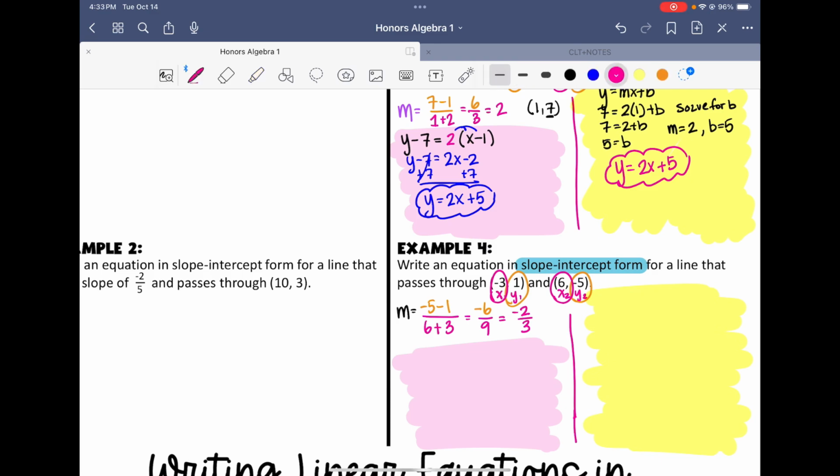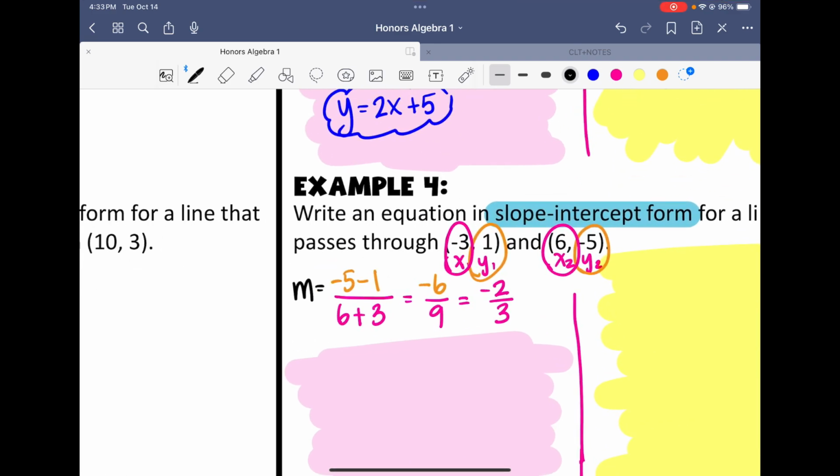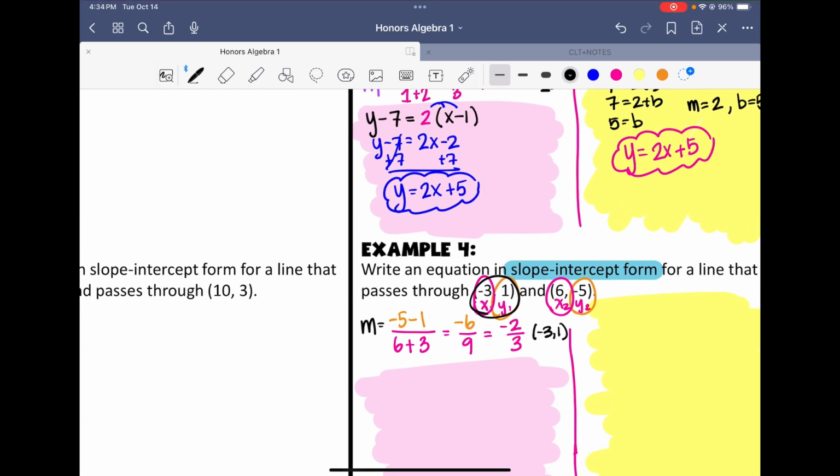All right, let's see how we did. So I know the slope is negative 2/3. It doesn't matter which point I choose, so I'm just going to choose the first point because it's right there. So it's (-3, 1). That's what I'm going to use for my x and my y. So y minus 1 equals negative 2/3 times x plus 3.